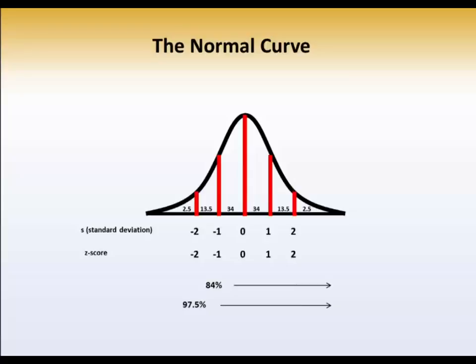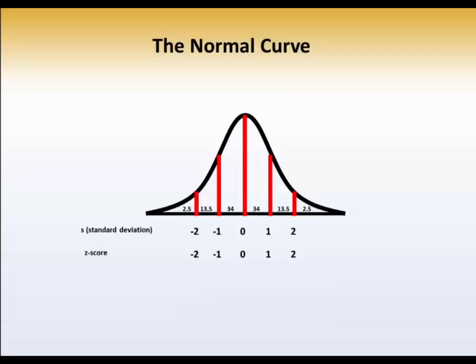Similarly, 97.5% of the scores fall from negative 2 standard deviations below the mean to positive infinity. And what if you're 1 standard deviation above the mean? You're at the 84th percentile. 16% of the observations are higher than 1 standard deviation above the mean.